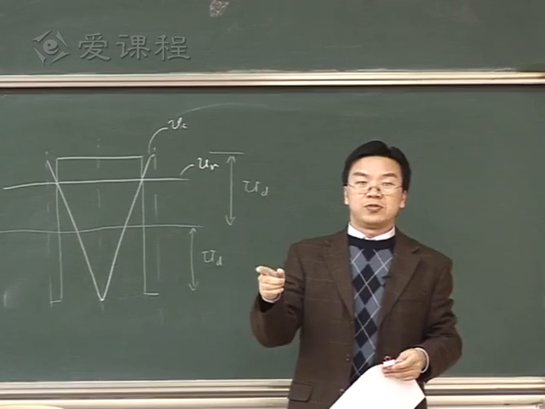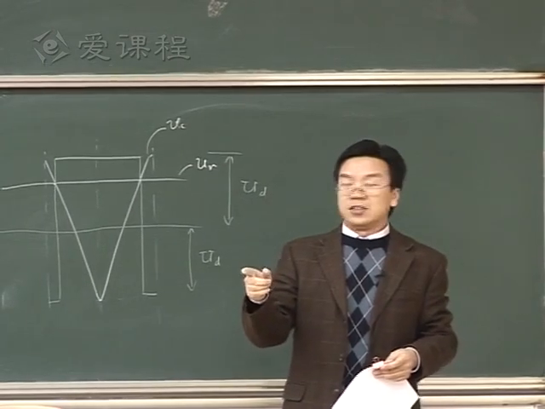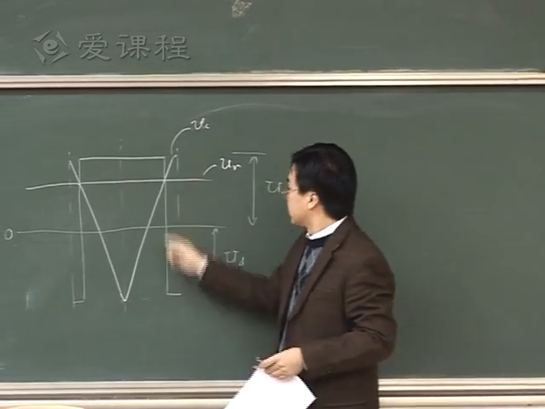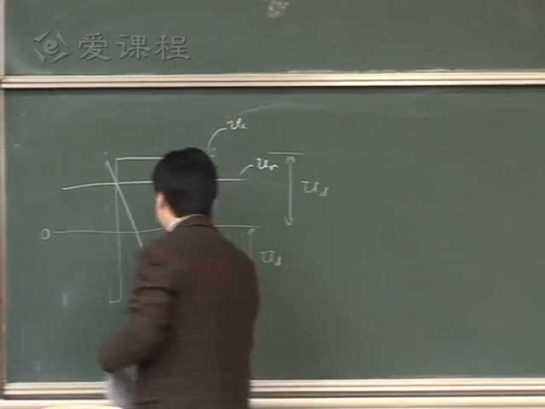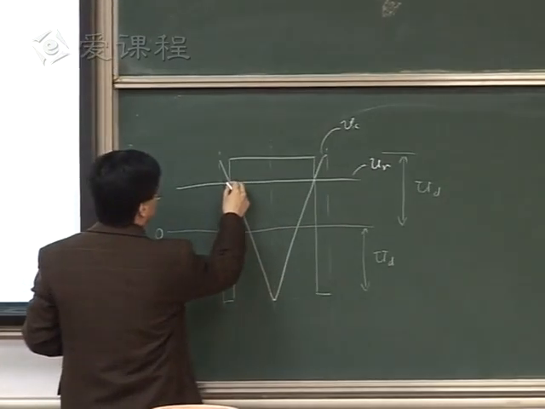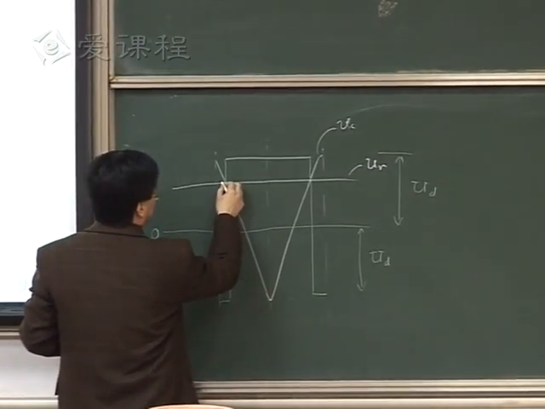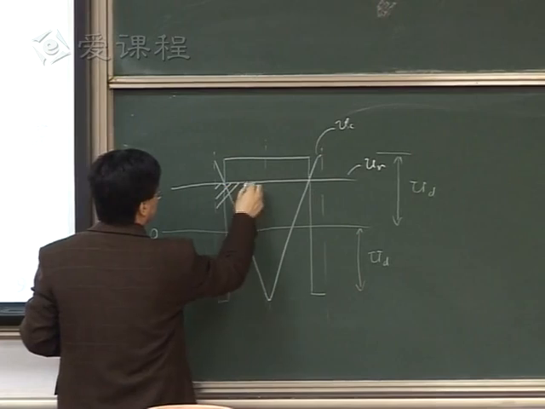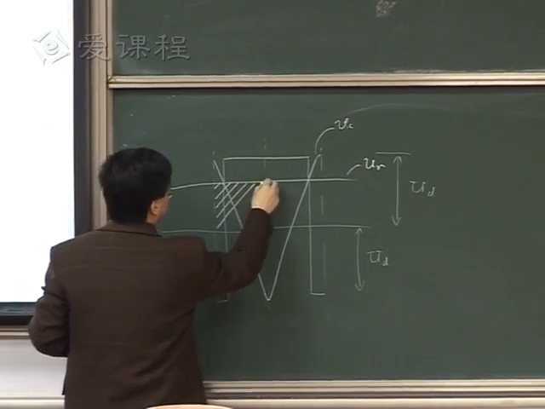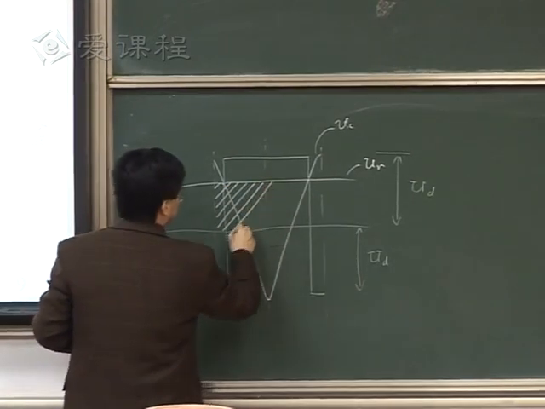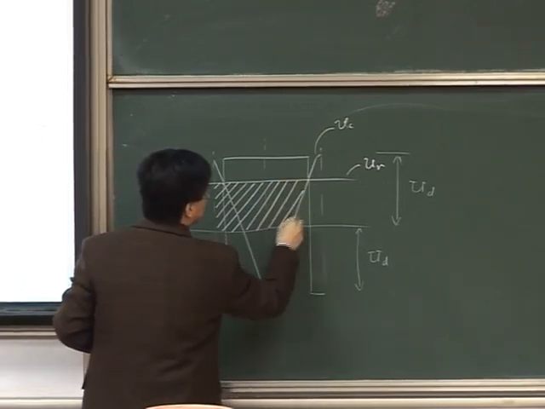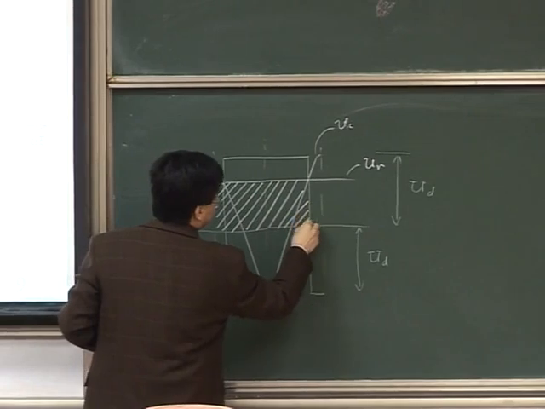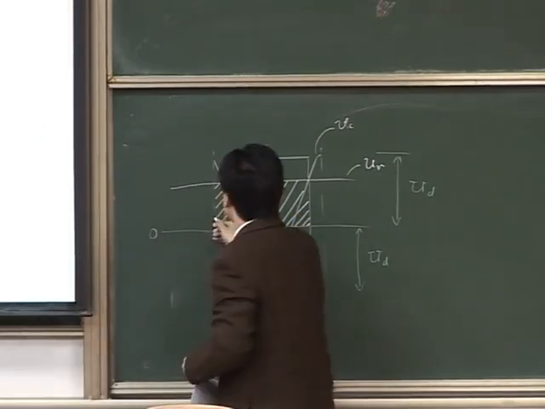So I can prove that the area of this green pulse, square wave pulse, is the same as the corresponding pulses separated from this sine wave.